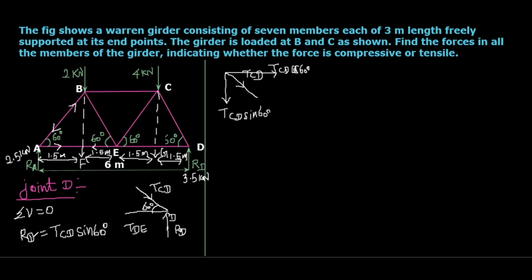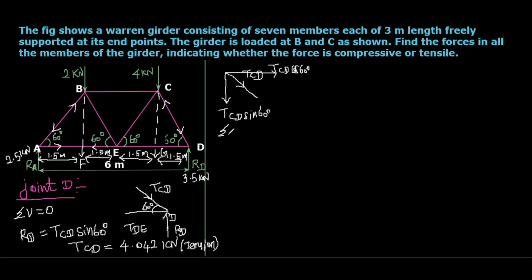We know the value of RD. So from this, we can get the value of TCD. Okay, that equal to 4.042 kilonewton. And then here, for the point D, it is inwards. Then for point C also, it will act inward. So the force in the member TCD that will act tensile in nature. Okay, that is a tension force.